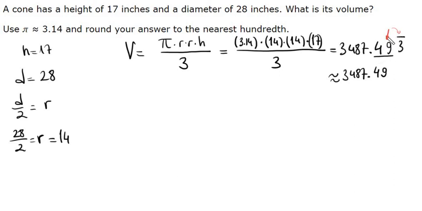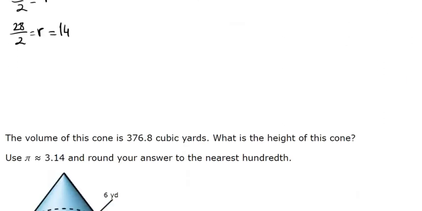If the next number is greater than or equal to 5, then we are going to round up. That means the 49 is going to be 50. That's going to be the volume of this cone. So we can also write cubic inches. Let's do the next example.